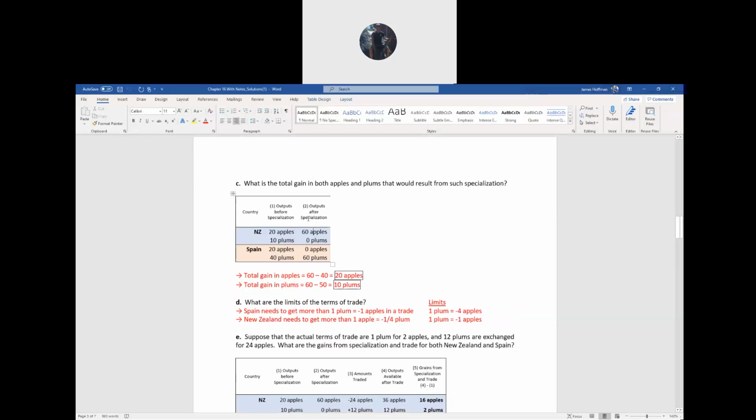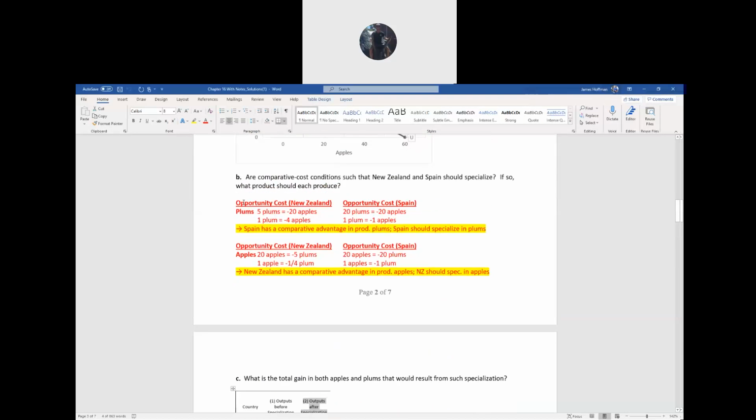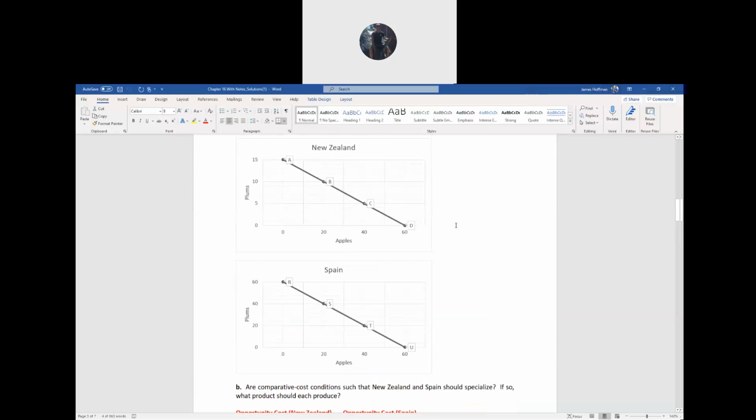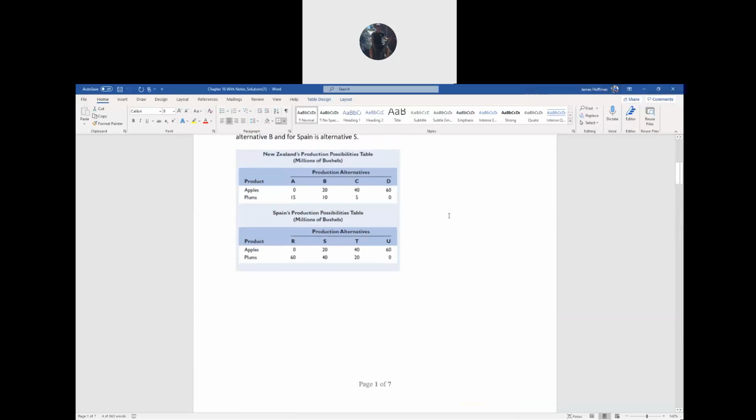Column two. This is what we started with, column one, and then after specialization, right? Spain is going to produce only plums. If they produce only plums, they're going to produce all the plums they can, which is 60. The most plums they can produce is the max point over here.